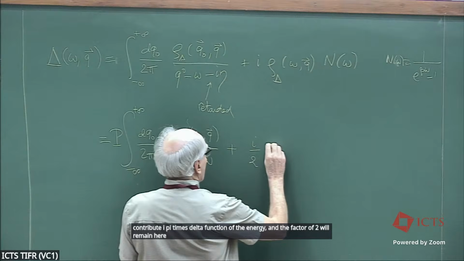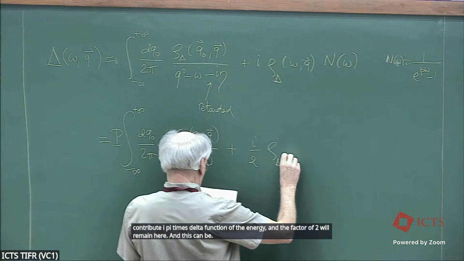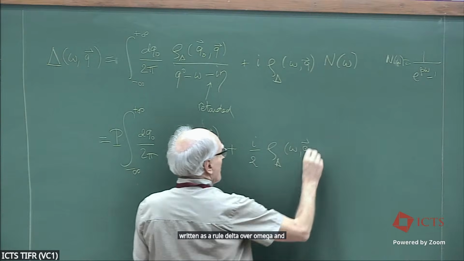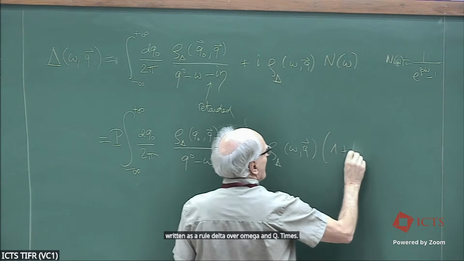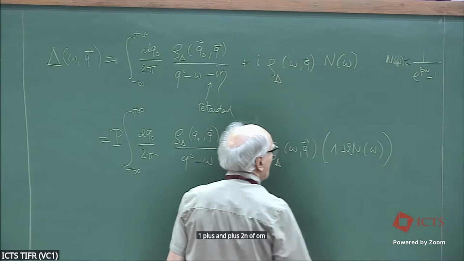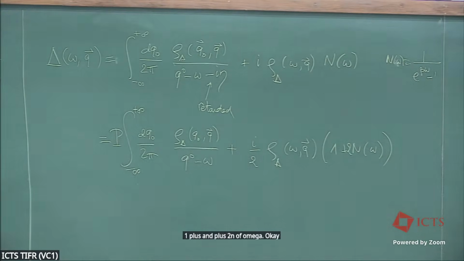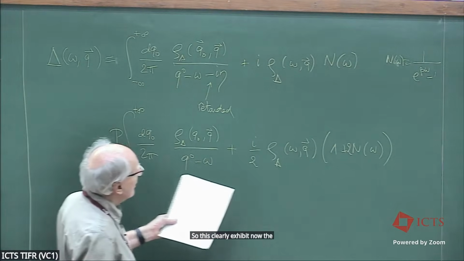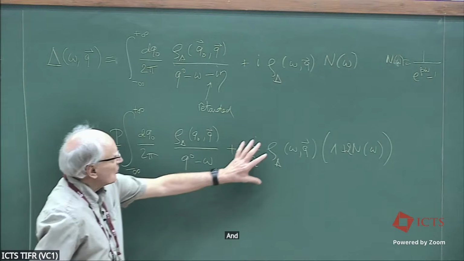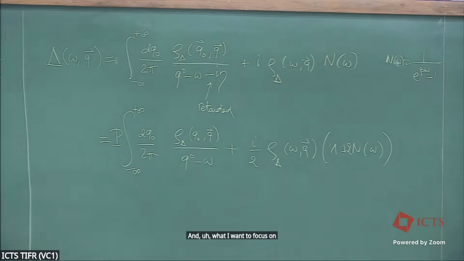And this can be written as rho delta of omega and q times 1 plus n plus 2n of omega. Okay? So this clearly exhibits now the real part and the imaginary part. And what I want to focus on is the imaginary part.